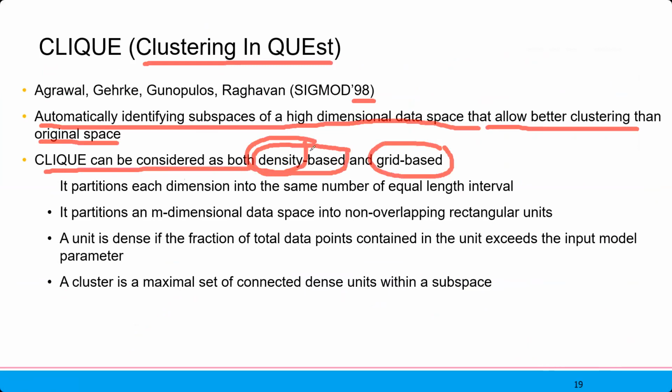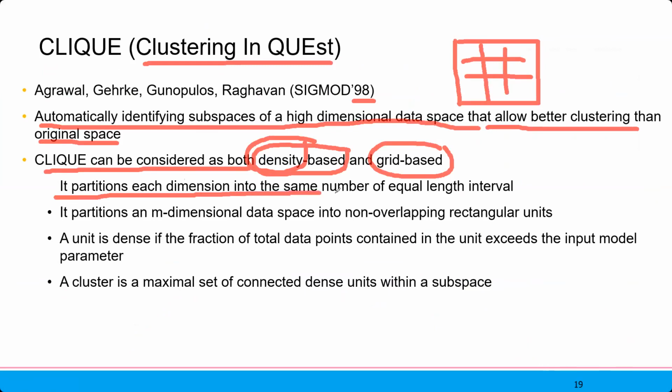In density, we want to find groups of data. We want to find data points that are in the neighborhoods. The grid-based approach is related to the division of the data into grids or cells. It partitions each dimension into the same number of equal length intervals.